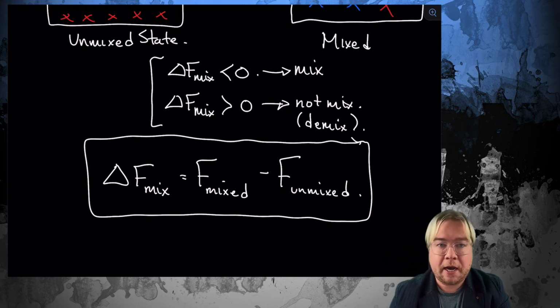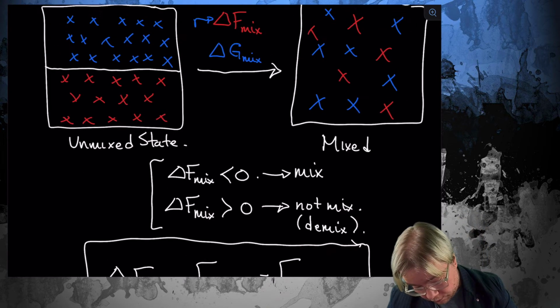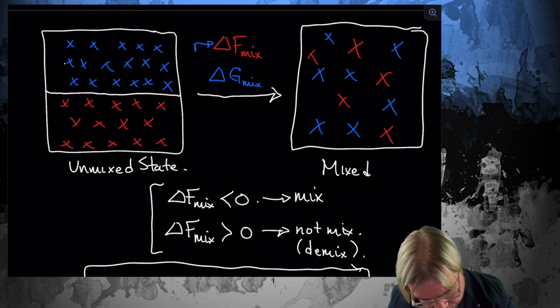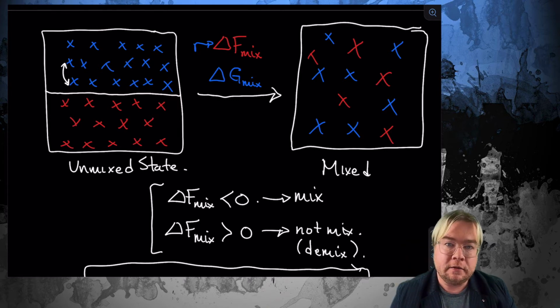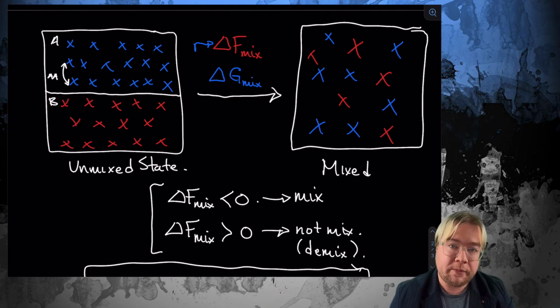Let's start by saying that there are no preferential interactions. What does that mean? Well, it means that the strength of a blue-blue interaction, we can call this maybe an AA interaction. These are A particles. These are B particles.